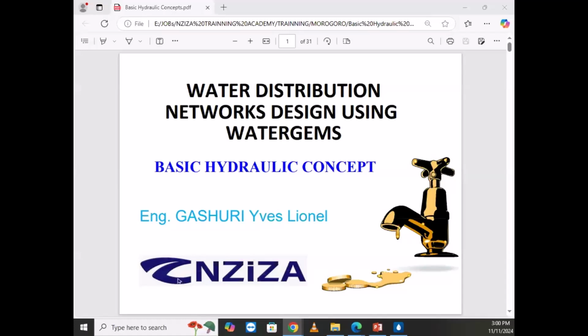Sorry, can you repeat to explain the stage of detailed design? On the detailed design, most of the things are coming from the model. All the things are coming from the model.